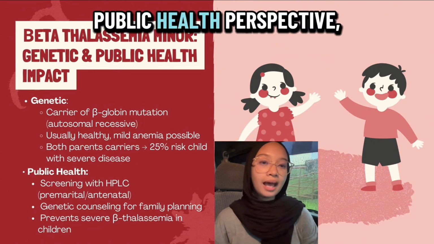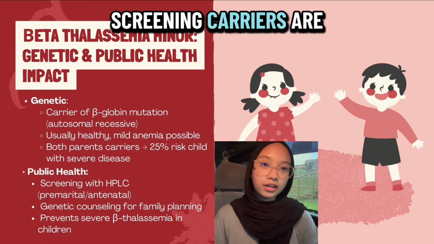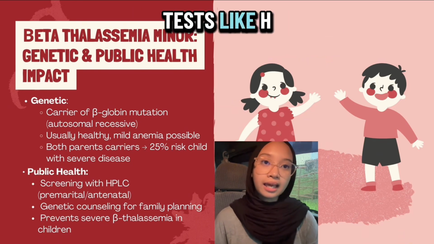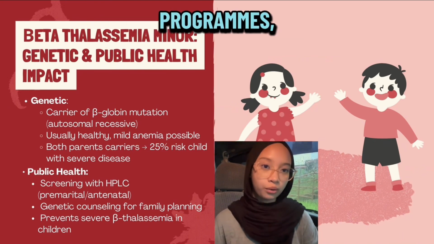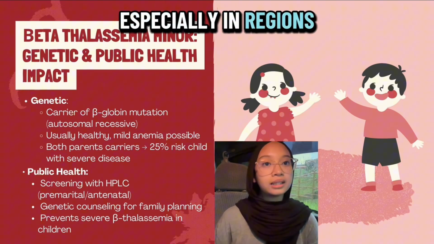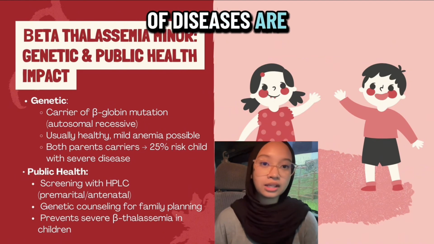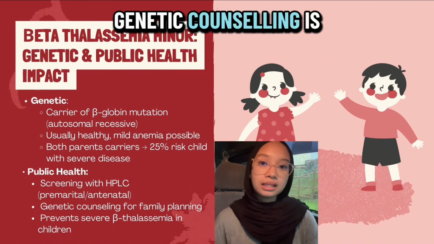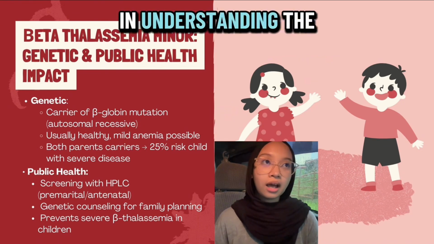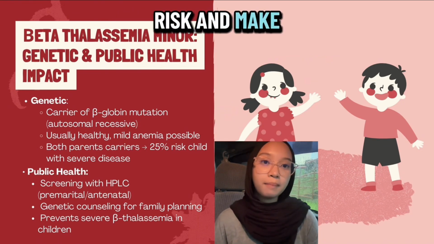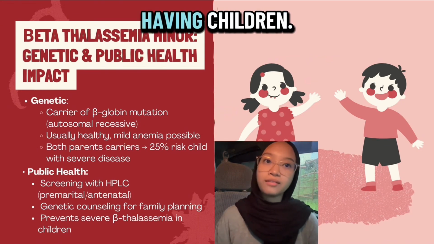So from a public health perspective, screening carriers is important. Tests like HPLC are used in prenatal and antenatal programs, especially in regions where these kinds of diseases are common. Genetic counseling is also important, and it helps families understand the risk and make informed decisions about having children.